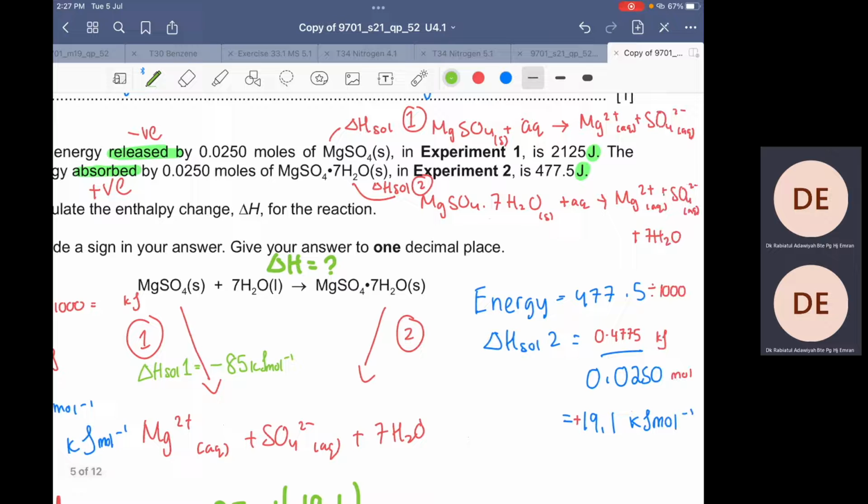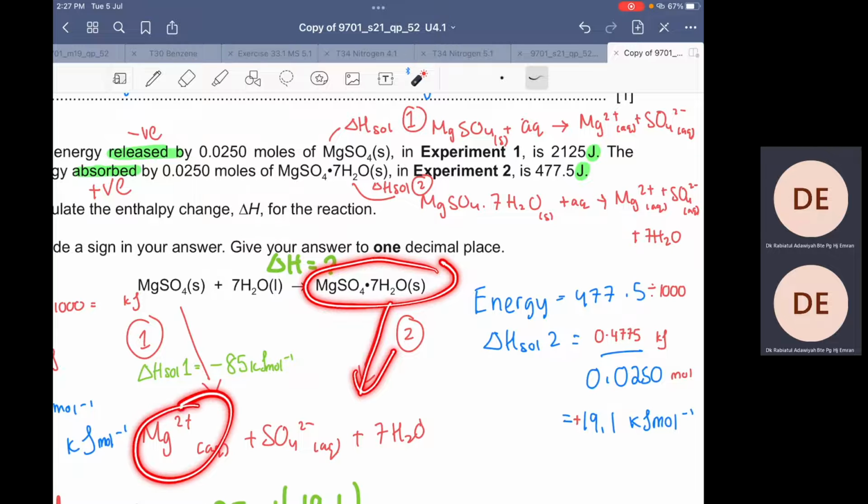Experiment 2, MgSO4.7H2O solid will be dissolved into Mg2 plus, SO4 2 minus, and 7H2O. Same thing. MgSO4.7H2O solid is dissolved into Mg2 plus, SO4 2 minus, and 7 moles of H2O.